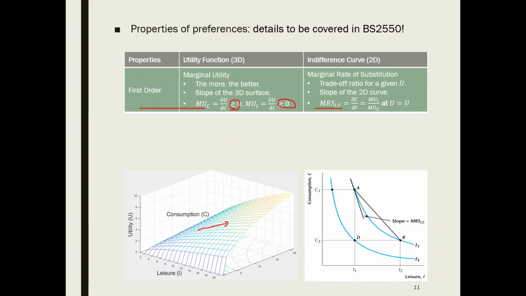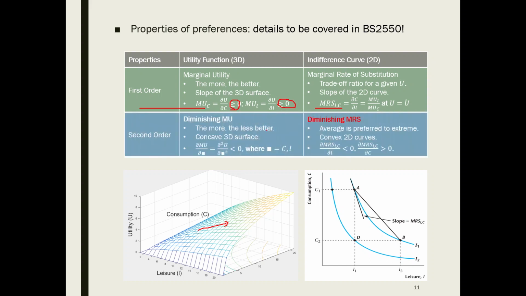The second-order property of preferences is that it obeys the diminishing law. In words, it means the more you consume the same good, the less happier you will be. Although you are happier, the increment becomes less and less. In graph, it means a concave 3D surface and a negatively sloped 2D indifference curve.